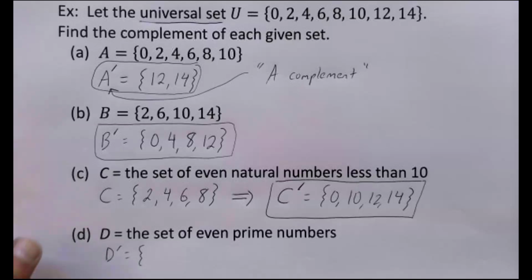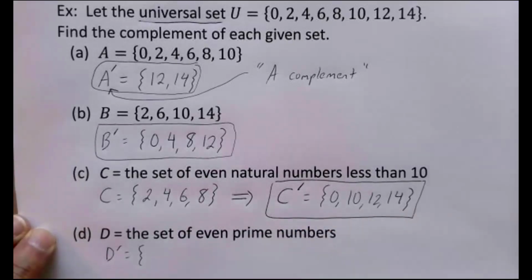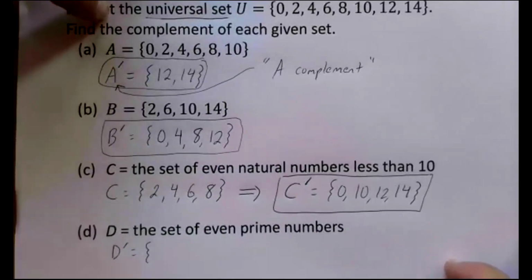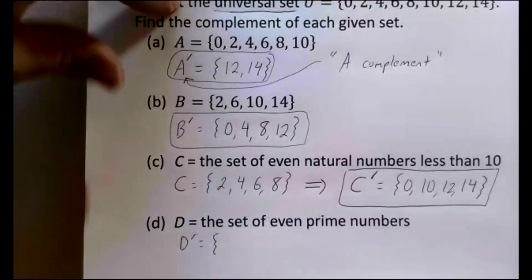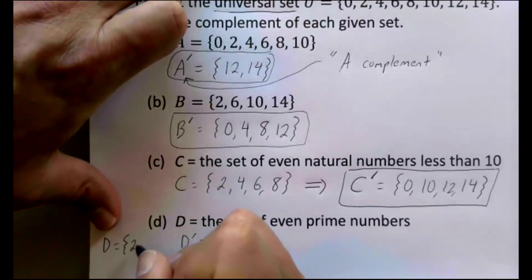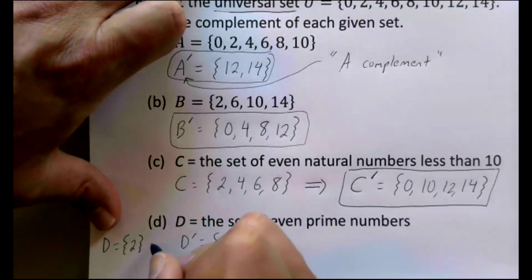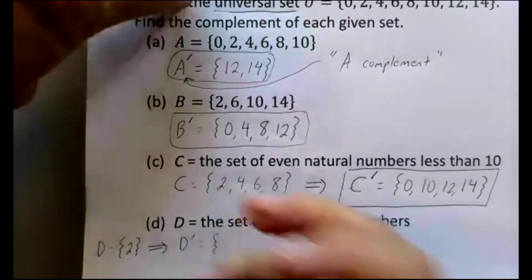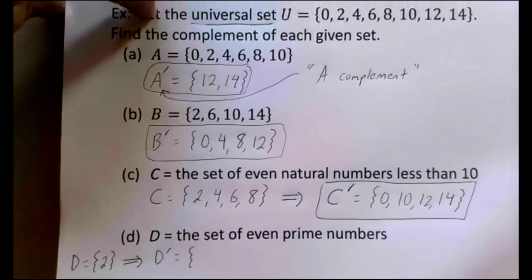So when we talk about set D being the set of even prime numbers, ultimately I want D complement, but I think I'm getting a little ahead of myself, because first I should define set D, which just consists of the number 2.